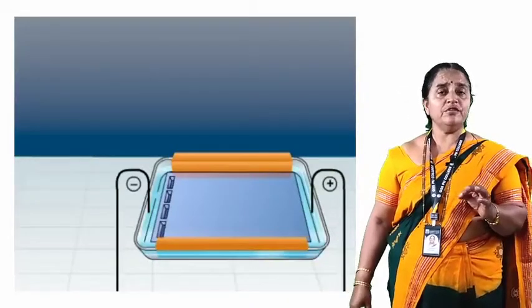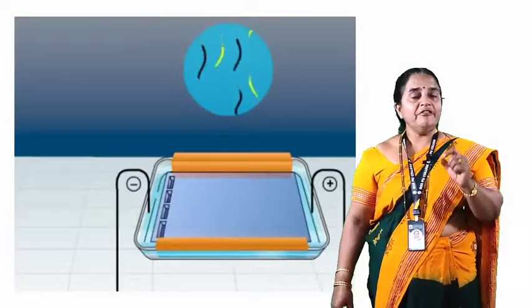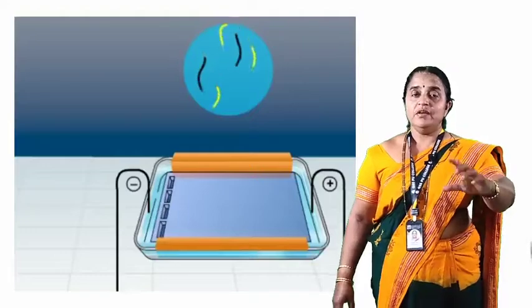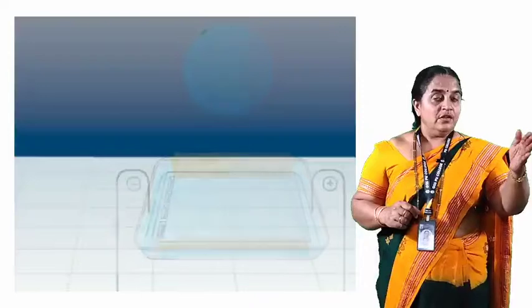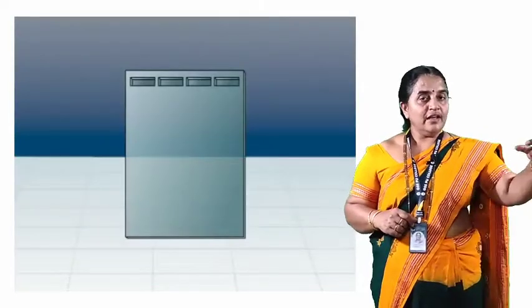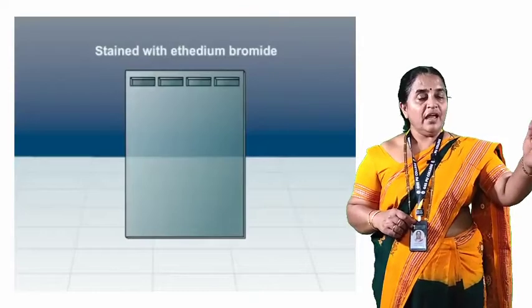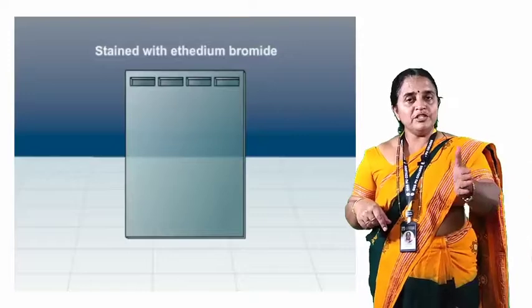But in the case of separating DNA fragments, remember that every DNA is negatively charged, so the charge is already known. We only need to separate the fragments from each other. So near the cathode end, there are wells. We release the DNA fragments there, and when the electric field is created, they start moving through the gel.